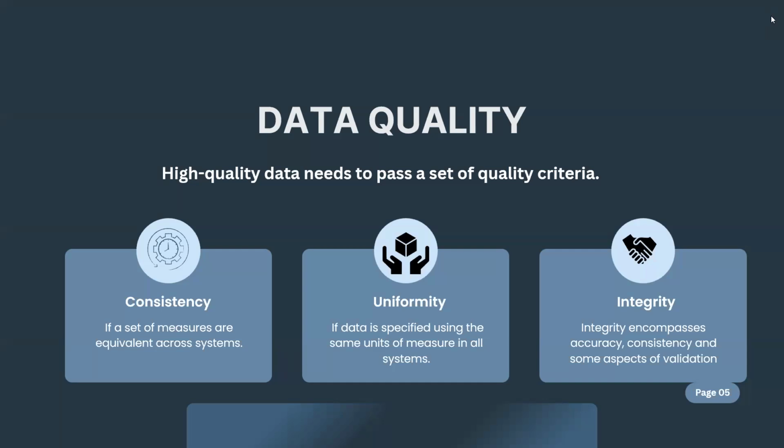Finally, we have integrity. That's the overall measure of how trustworthy the data set is. It pulls together different metrics from accuracy, consistency, and validation. Data sets that have strong integrity behave predictably and produce results that you can depend on.